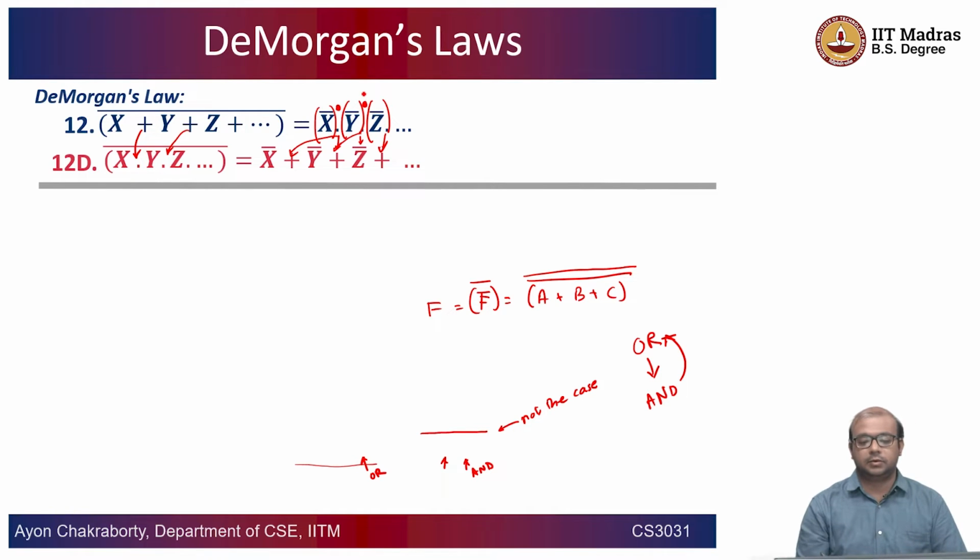Okay. So again, as you can see, this is almost like your dual, right? So you do not really change the complement here. What we were trying to do is we do not touch the complement if you try to find out the dual.